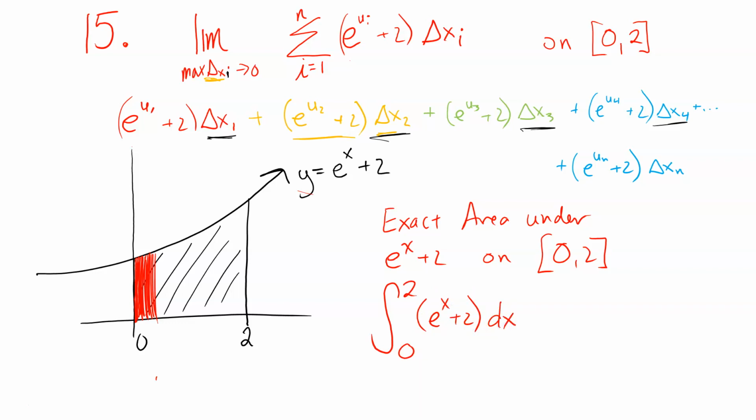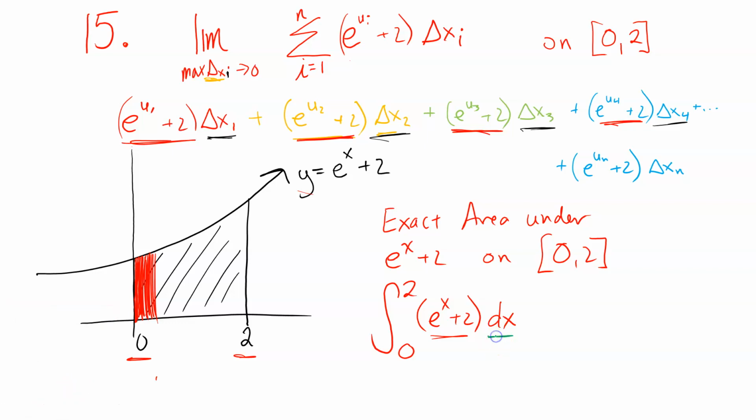I think the 0 and 2 are obvious. Those are the lower and upper bounds of integration where we're finding area. E to the x plus 2 was a little hard to figure out, but that is what was going on for the heights of each rectangle.